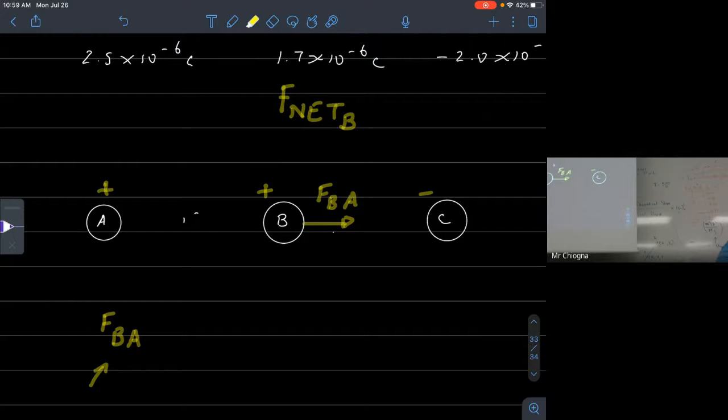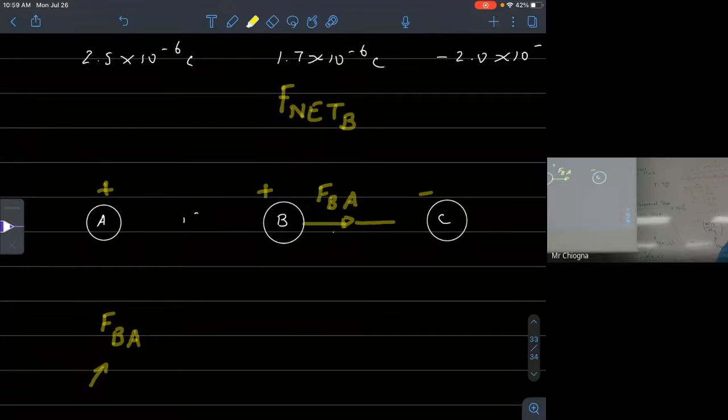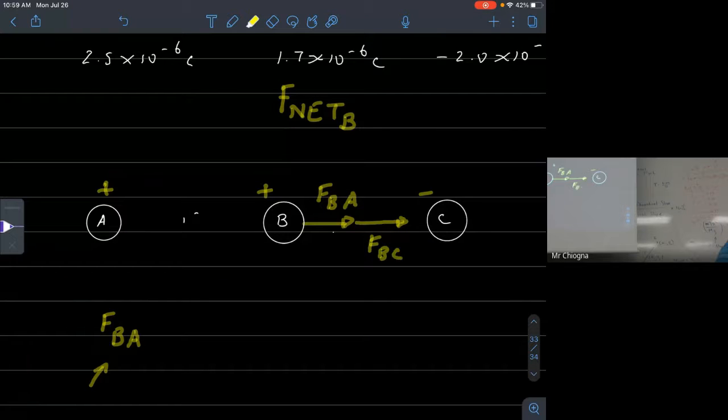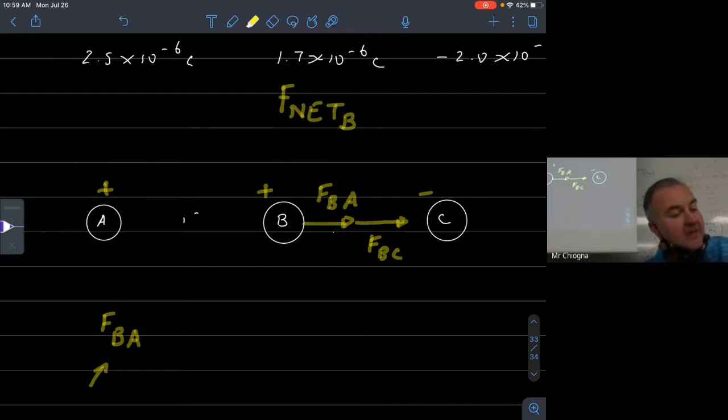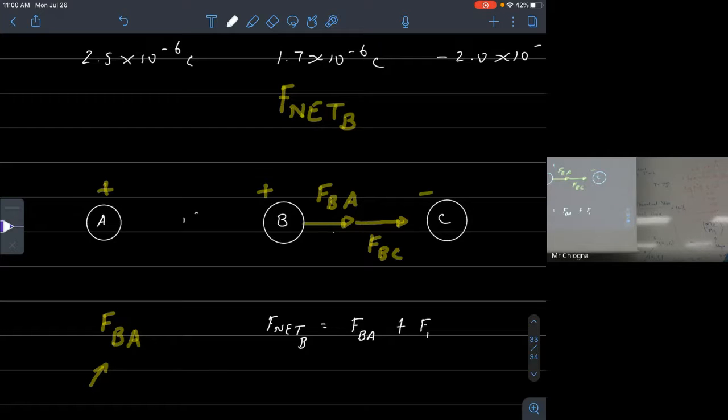The second force acting on B is due to C. I don't know how big it is, so I'll just draw this arrow a little bit bigger. That's the force on B due to C. It's an attractive force. C is pulling B towards it. So FBA and FBC are both to the right. So we haven't calculated it yet, but the net force on B is equal to the absolute value of FBA plus the absolute value of FBC.